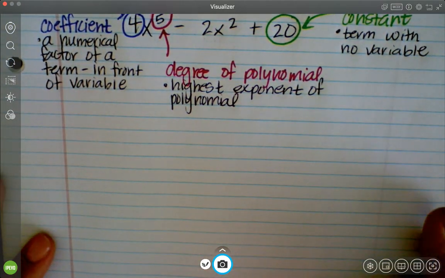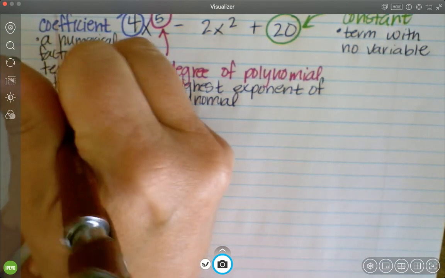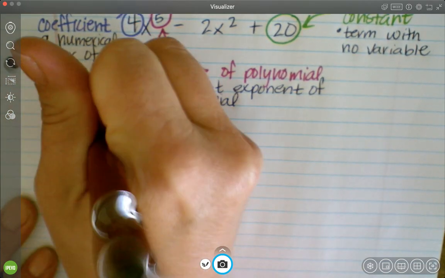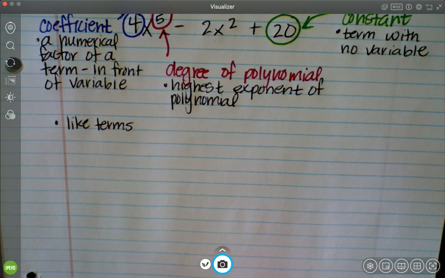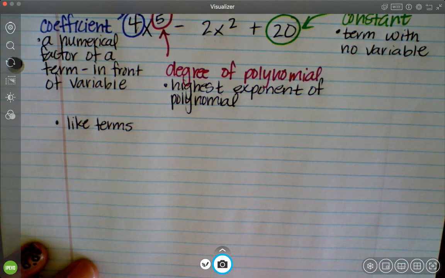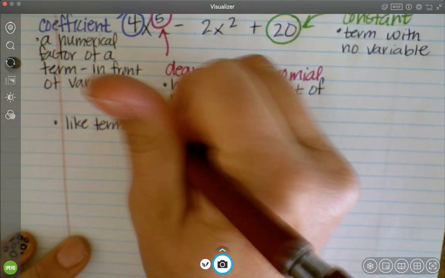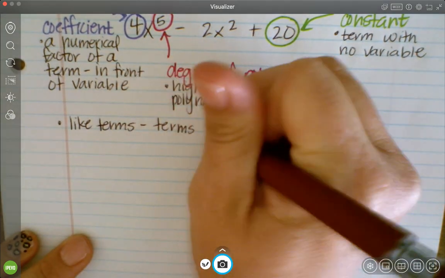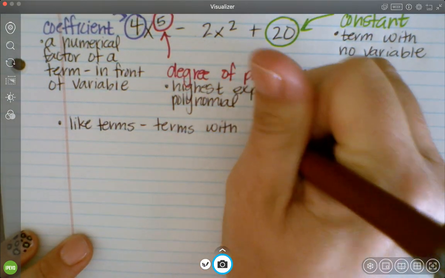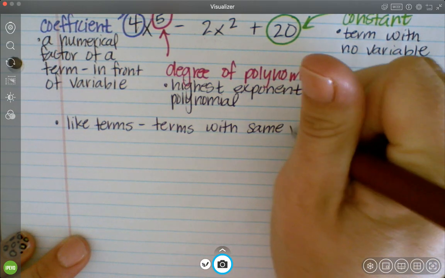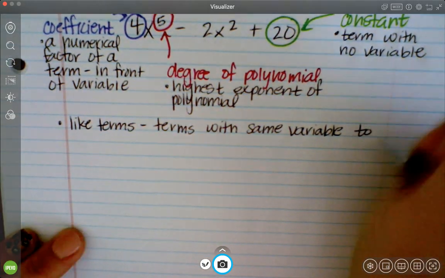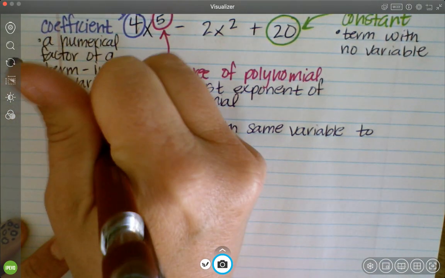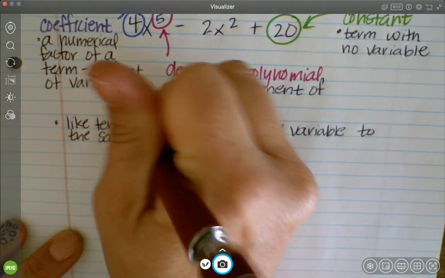So from here, I want to talk about like terms. Like terms are terms with the same variable to the same degree.